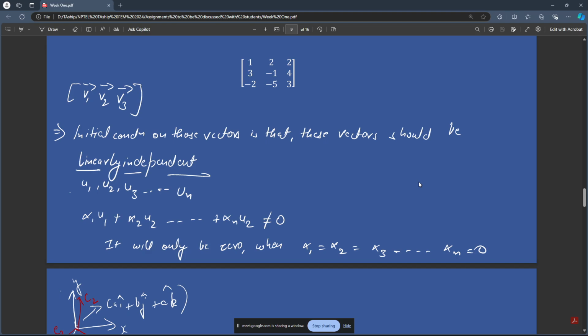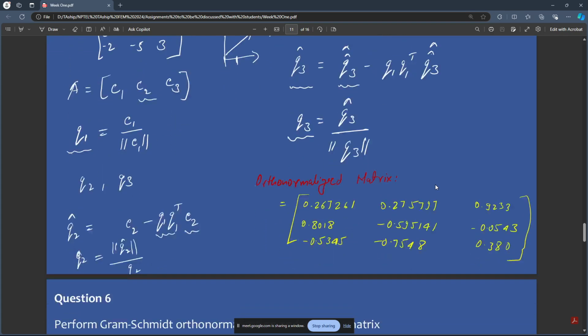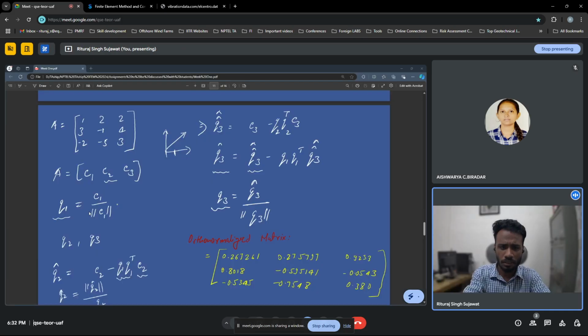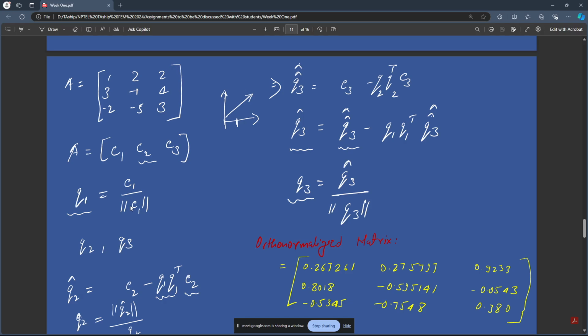2, minus 2. So this is the vector which I am having with me. Initially, you need to select one vector. Is it visible? Yes, it is visible. So there are three vectors. First you need to take the first vector and take the norm of that.